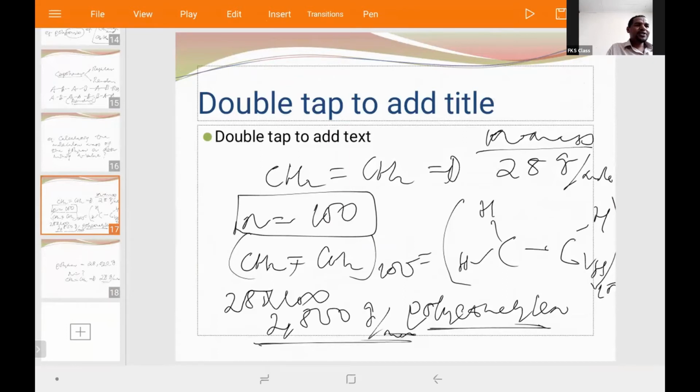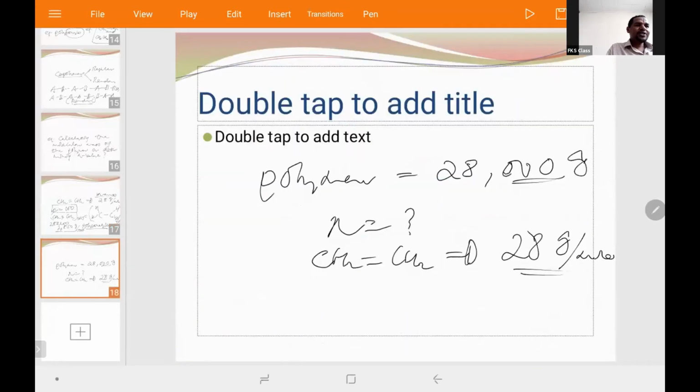For the N value, by using 100 moles of this ethylene, how many gram of polyethylene is formed? A single unit is 28 gram per mole, because there are two carbons, 12 plus 12 is 24, and four hydrogens, 24 plus 4 is 28. So polyethylene is formed by using 100 moles of this ethylene, so just multiply 100 times 28, it is 2800. This is the previous one.